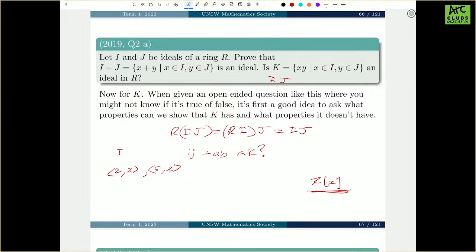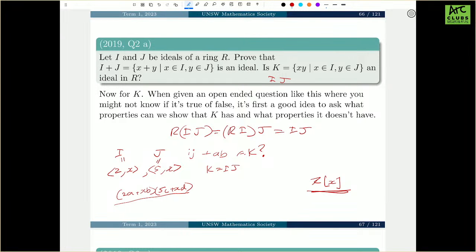So let's say this is I and this is J. And we think about K. Well, then every element is in this form: (2a + xb) times (5c + xd). A, B, C, D can be any element of R. Okay, so we got this thing.